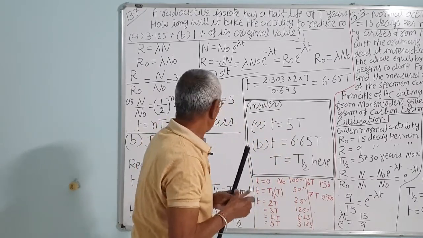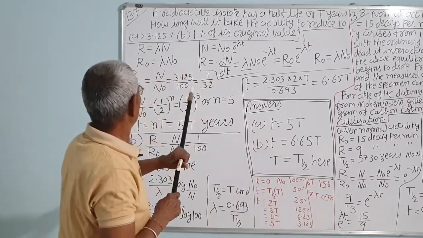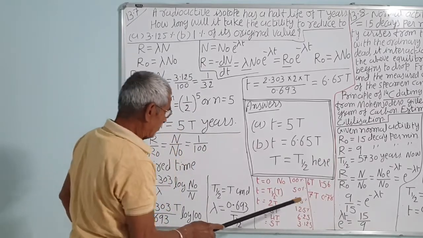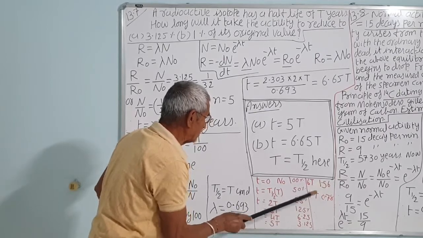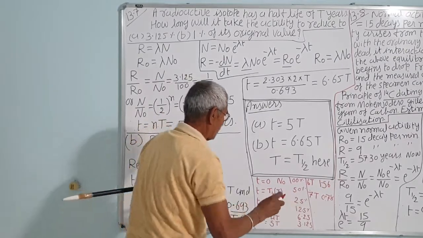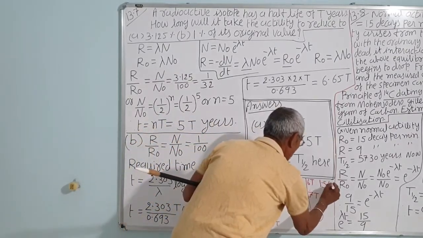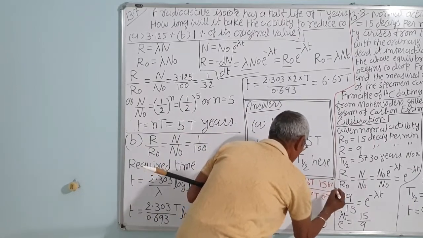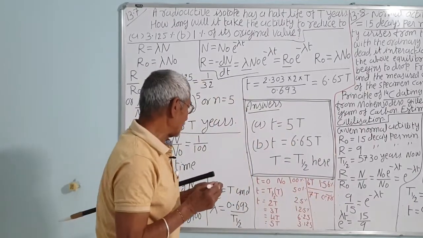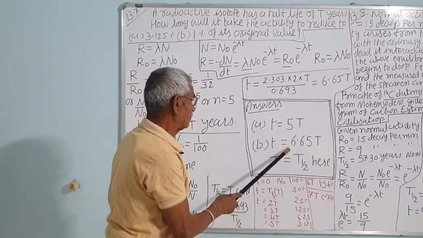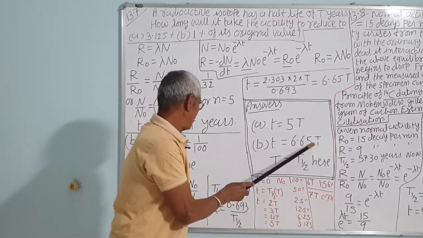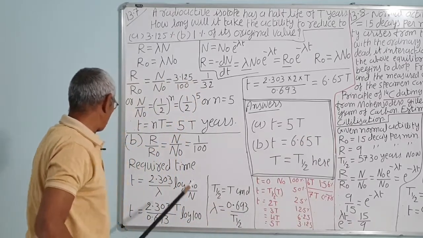So now for 1%, that is more than 0.78% and less than 1.56%, 1 is in between. So it will be more than 6T and less than 7T. The answer is about 6.65 half life time periods. Let us see.